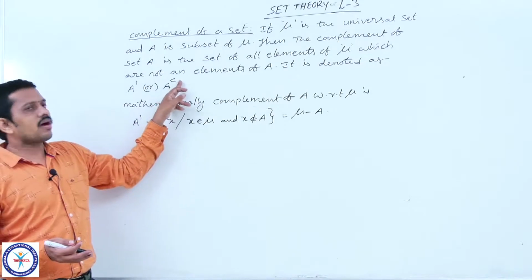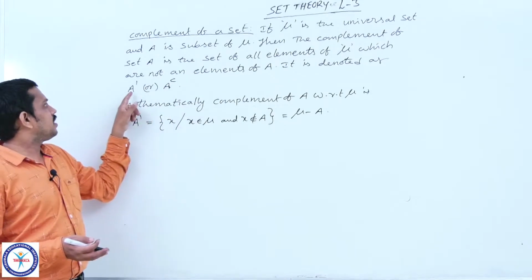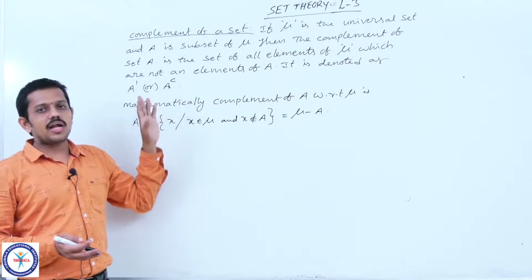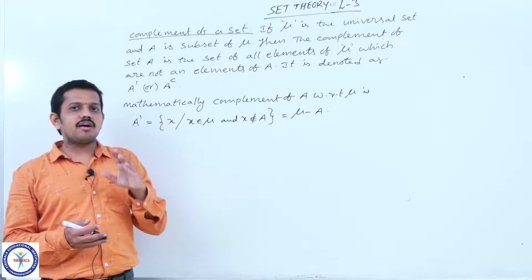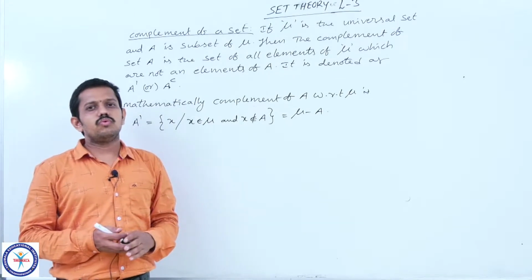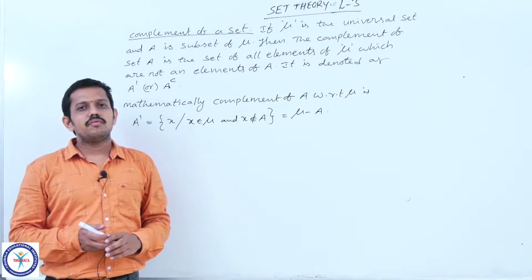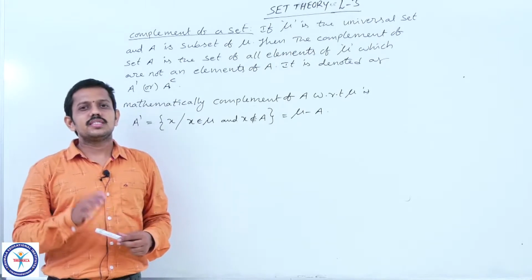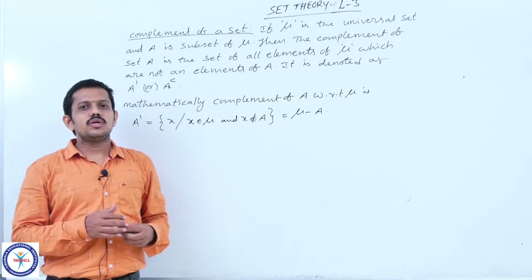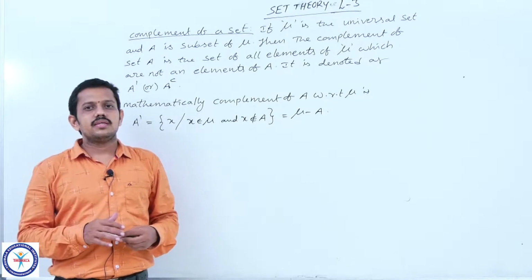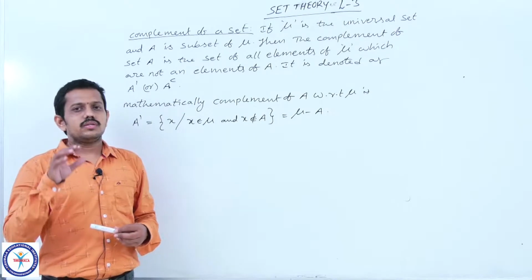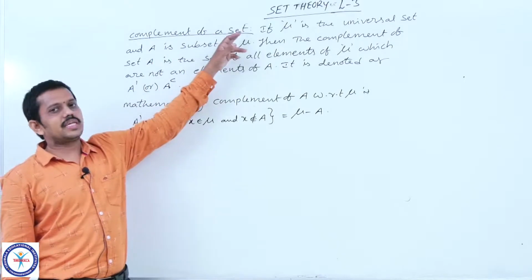It is defined as the set of all elements in the universal set which do not belong to the set A, meaning mu minus A is called the complement of set A.